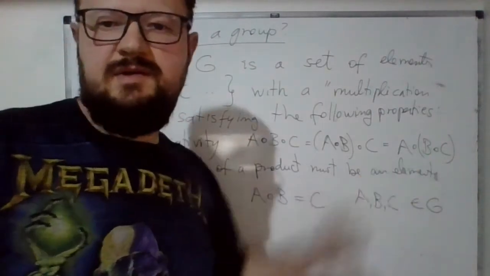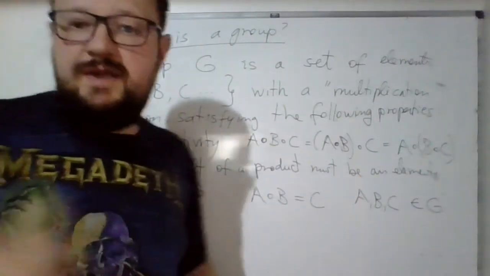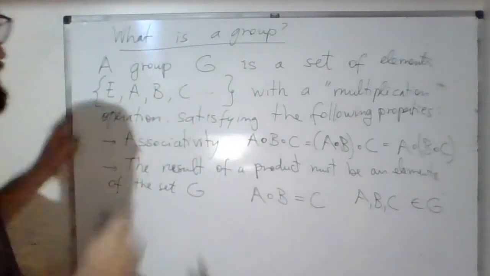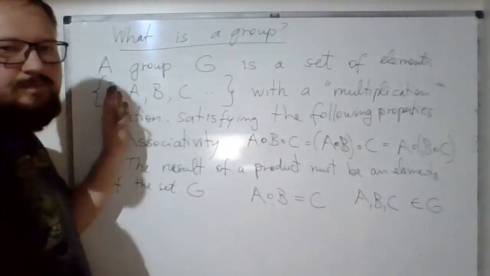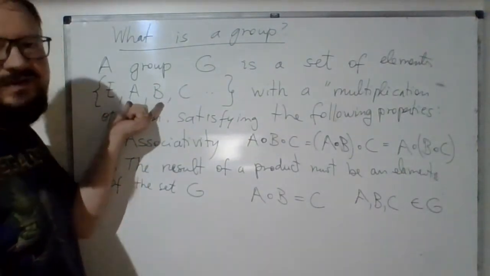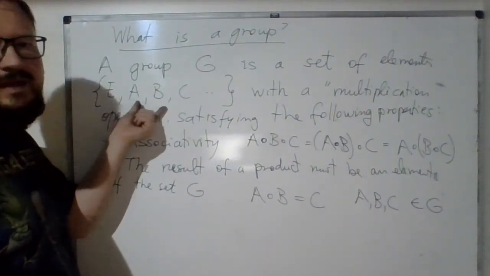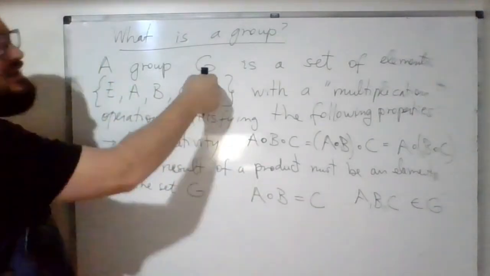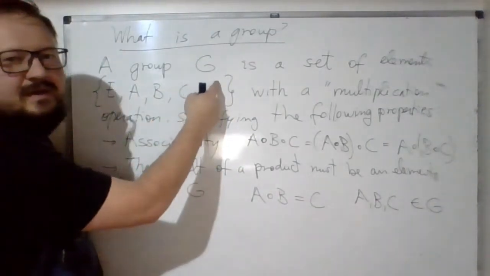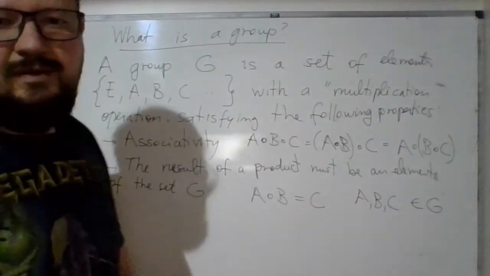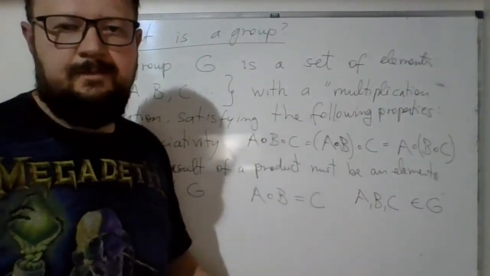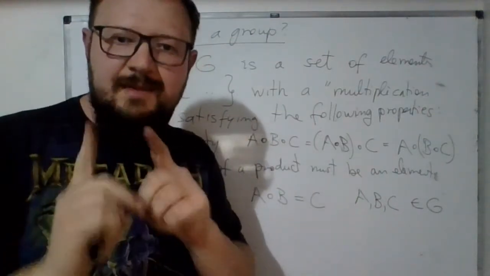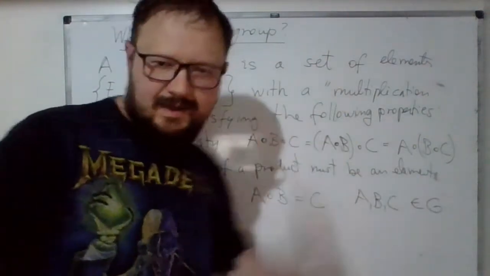So you cannot have a group if you pick up two elements of the set, A and B, and the result is some C which is not contained in the set. All right, so for a group, the product of two of its elements is also an element of the group.